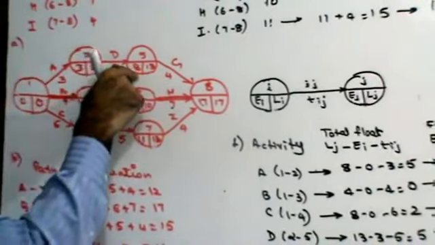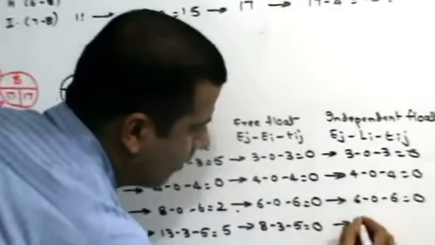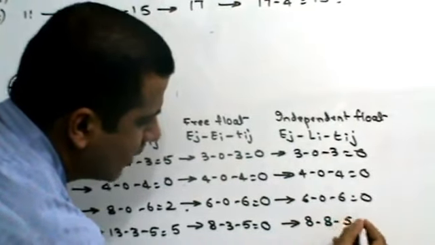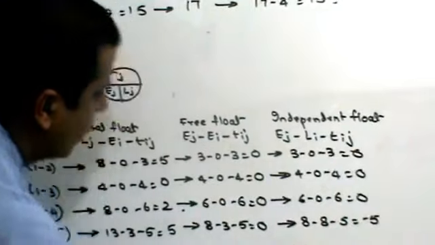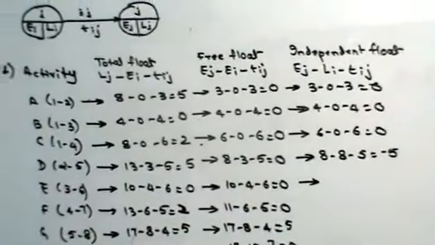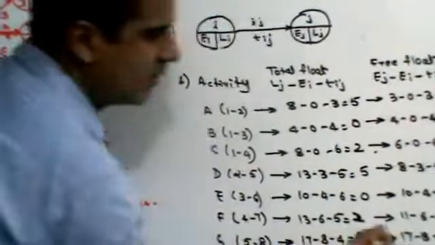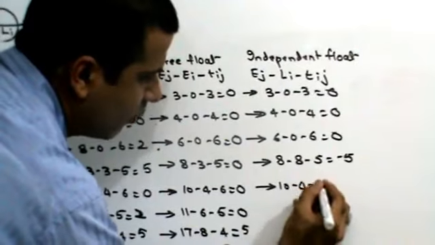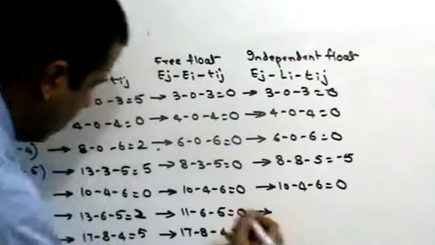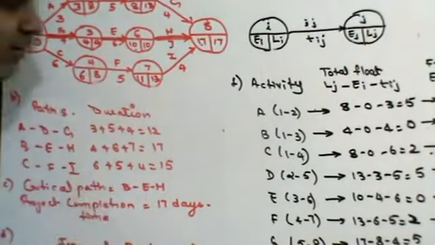For activity D, 8 minus 8 minus 5, that is minus 5. For activity E, 10 minus 4 minus 6. For activity F, 11 minus 8 minus 5.